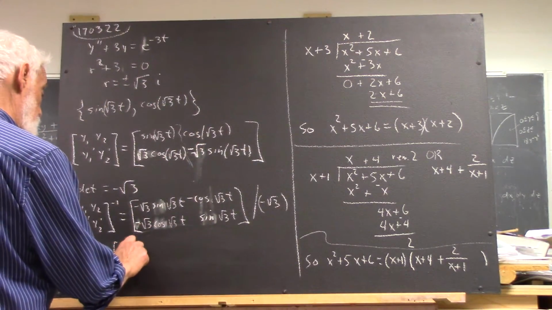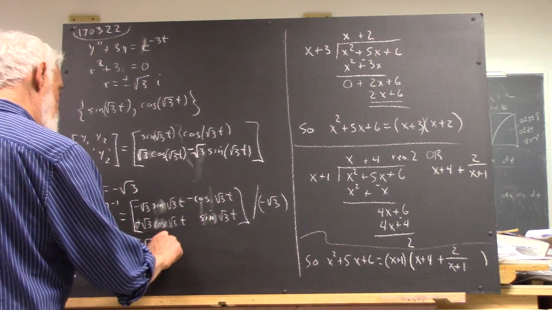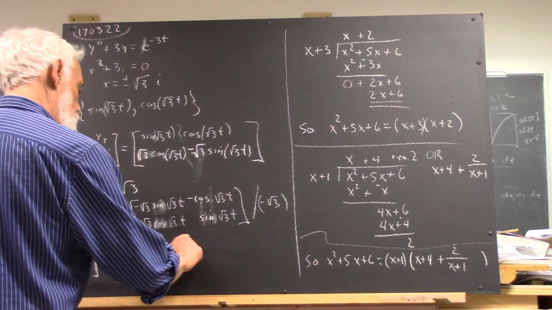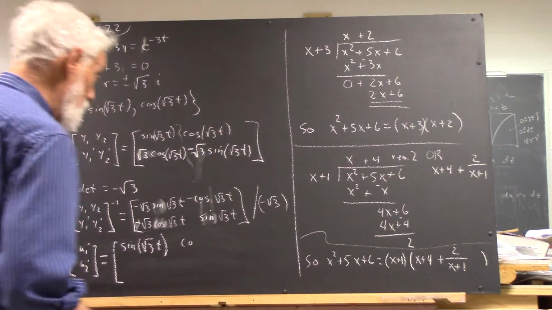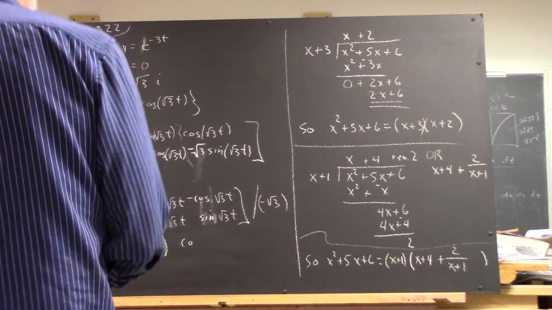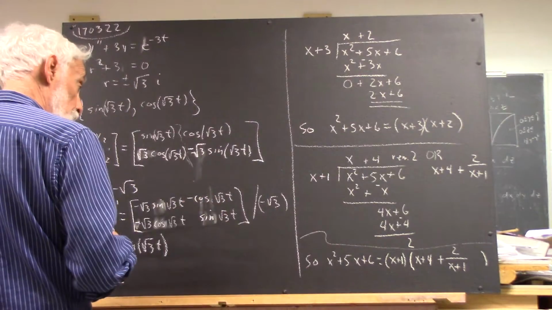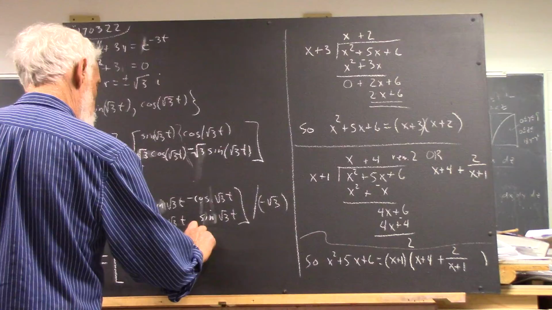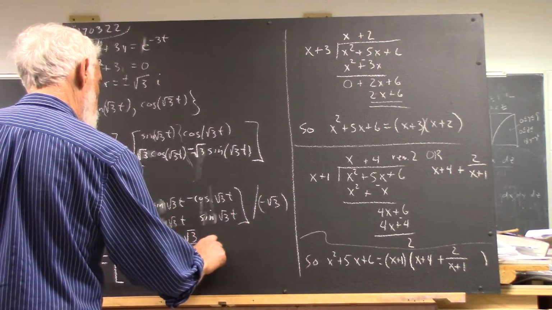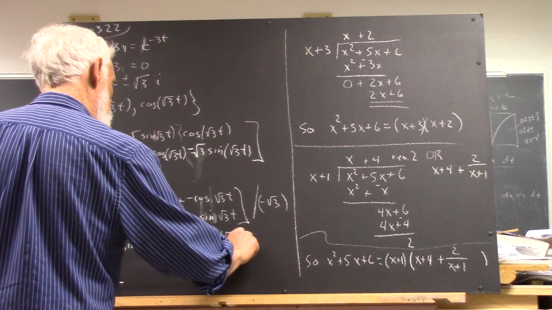We have sine of the square root of 3t, cosine, no, see, already doing something wrong because, of course, we don't have a square root of 3 in front of this. So we're going to get square root of 3 over 3, cosine of the square root of 3t.